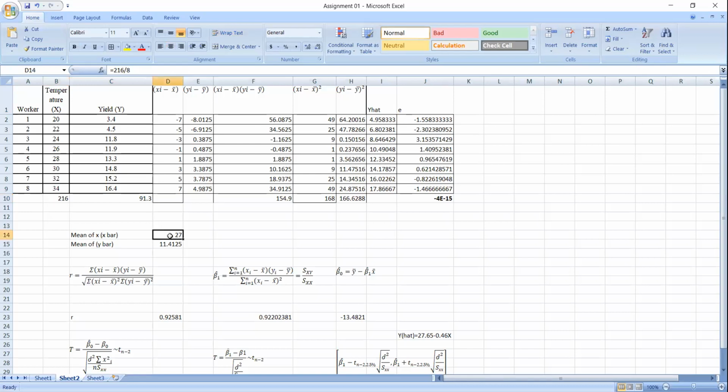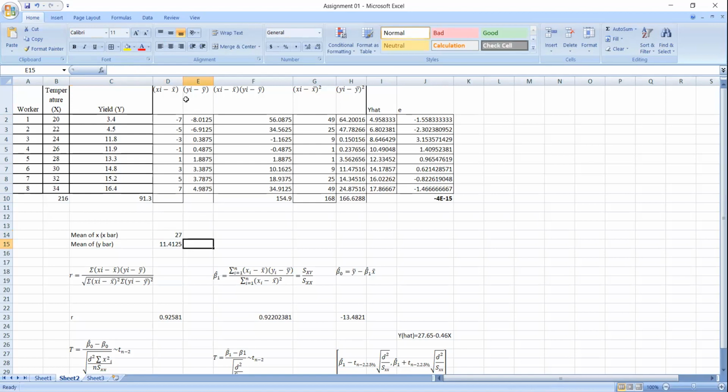So to calculate x bar, you take 216 divided by 8, since you have 8 observations. And if you take the summation of all these y values, that is 91.3. To calculate the mean of y, you divide 91.3 by 8. So we have the x bar and y bar values.